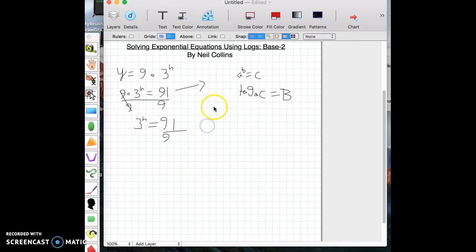Just like that. So we took this 3 to the h equals 91, we divided by 9 to get that variable on its own, leaving us with 3 to the h equals 91 over 9. That is exactly what we wanted.